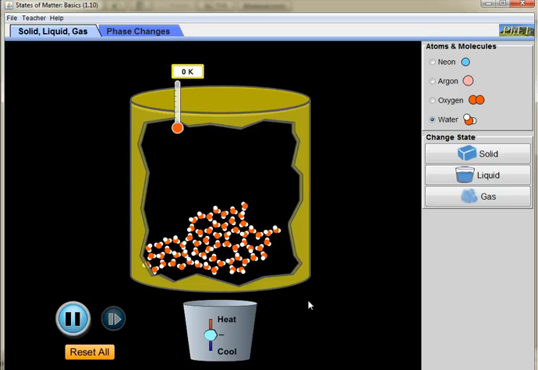I have not paused the screen. You can see that the particles are at a standstill, as if somebody said freeze, and they're frozen. That's absolute zero. All the particles in the world cease to move at absolute zero. Is that clear?